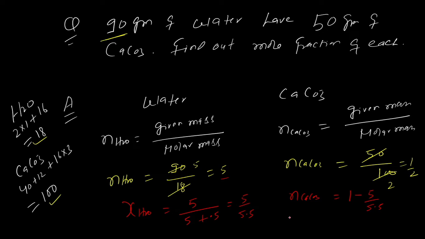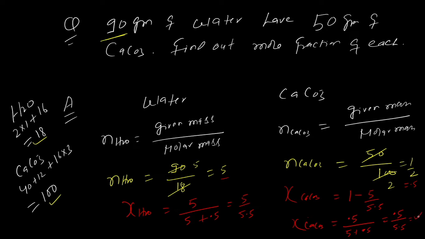Or you can directly use the formula. The mole fraction of calcium carbonate is equal to the number of moles of calcium carbonate, that is 0.5, divided by the total number of moles, 5 plus 0.5. So it will come 0.5 divided by 5.5.